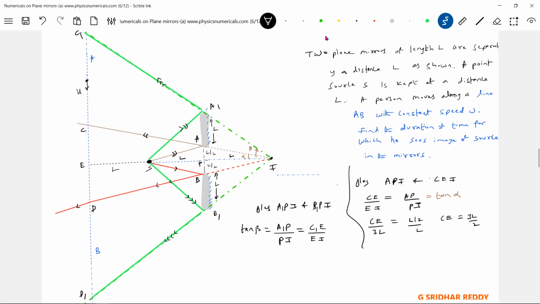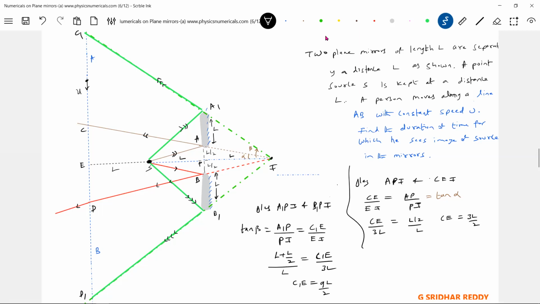So this should be equal to, A1P will be L plus L by 2. PI distance is what? L. C1E, what is EI? EI will be 3L. So C1E distance should be equal to 9L by 2.